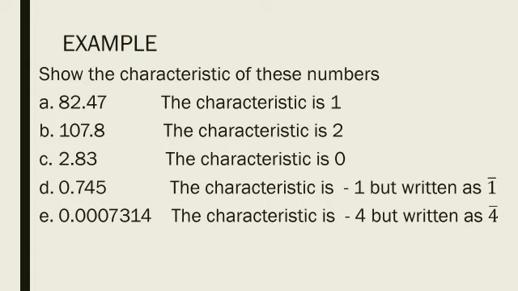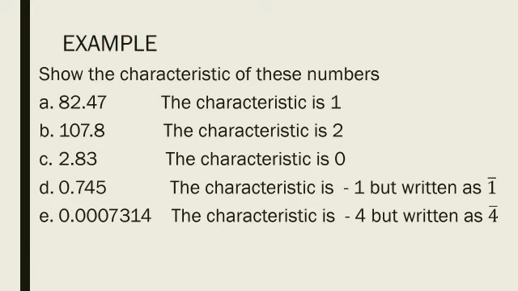The first significant digit there is 1, and the place value is 100, and 100 has 2 zeros, that's why the characteristics is 2. The C part of it, we have 2.83. The first significant digit is 2, and the place value is units. 2 units has no zero, and that's why the characteristics is 0.